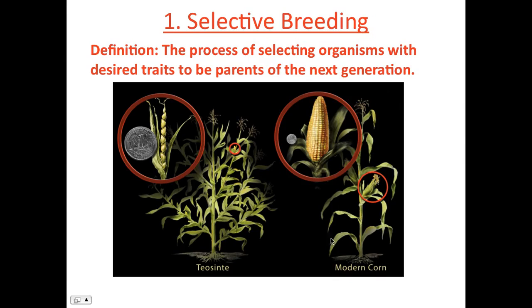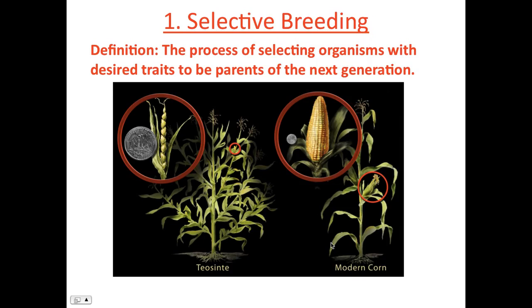Corn, as we're familiar with in the modern day, the plant produces very large cobs, such as this, and you can see the size of an average cob compared to that of a quarter. And obviously this is beneficial for humans because the larger the cob, the more food you get.